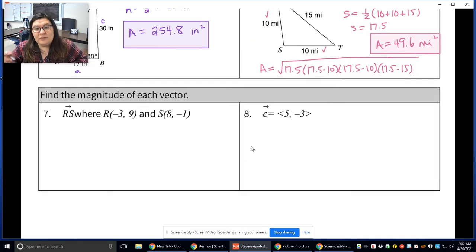Okay, so first thing about vectors is to find their magnitude. Remember, magnitude is just another fancy word for length. So if you were to draw the vector, how long would it be? The first one they give us is the vector RS, where R is at the point -3, 9, and S is at the point 8, -1.